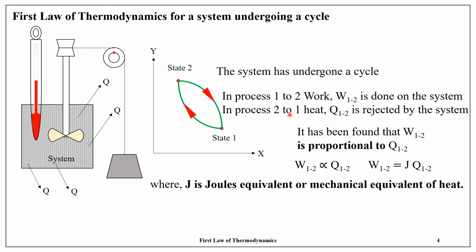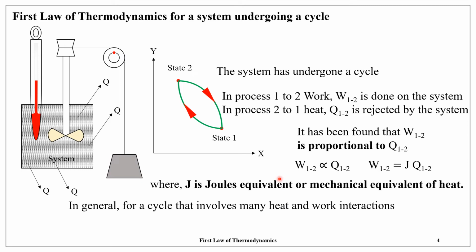Therefore, the first law for a system undergoing a cycle can be written as sigma W during the cycle is equal to J, that is the Joule's equivalent, multiplied by sigma Q during the cycle.